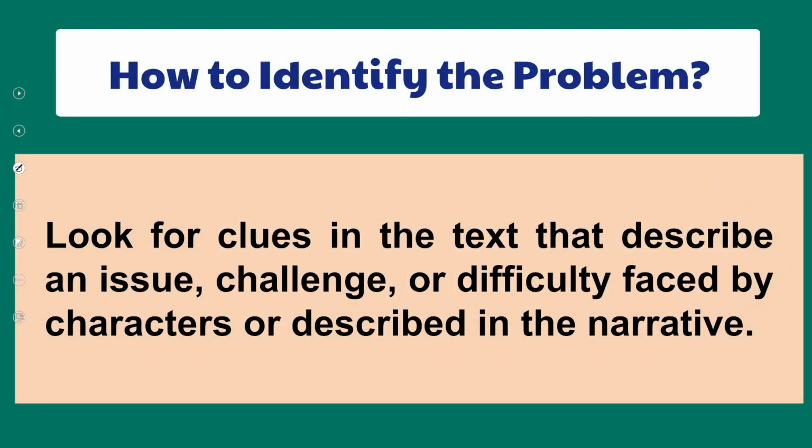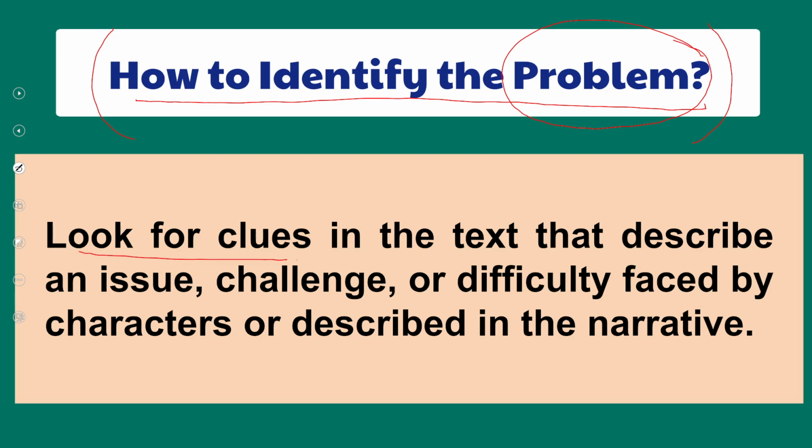Next we have to know how to identify a problem in a text. You are reading a non-fiction text and you have to identify what the problem is. Look for the clues. Firstly, look for the clues in the text that describe an issue. You have to know what issue the text is addressing.